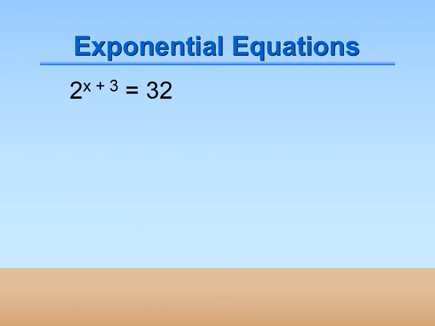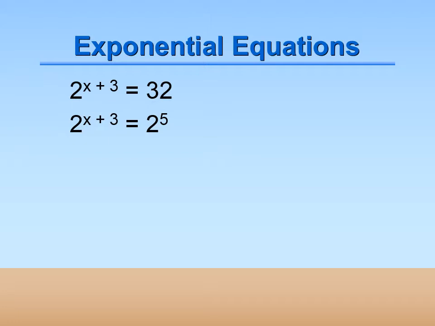Let's look at this one. 2 to the x plus 3 equals 32. So the question is, can 32 be rewritten as a base of 2 to some power? Well, 32 is the same as saying 2 to the 5th power, because 2 to the 5th power is 32. 2 times 2 times 2 times 2 times 2.